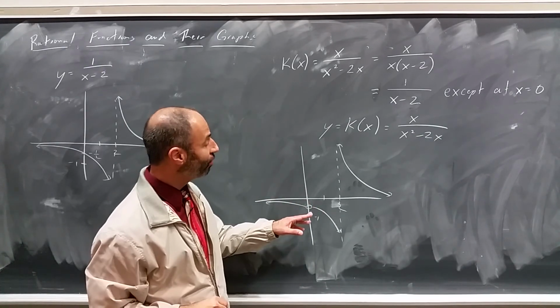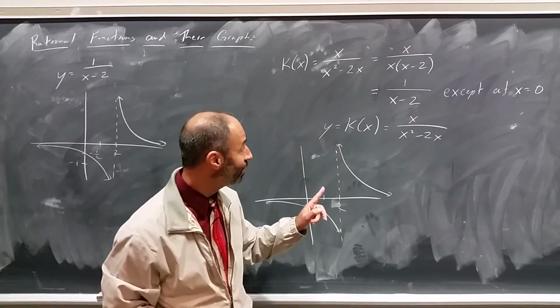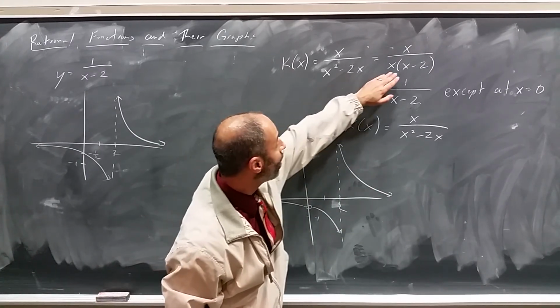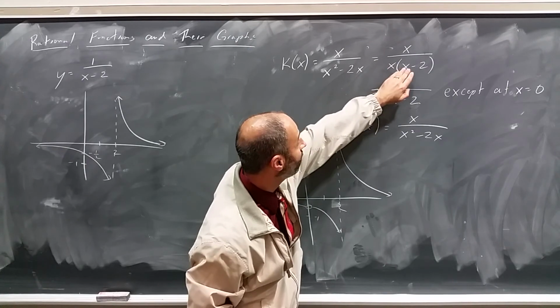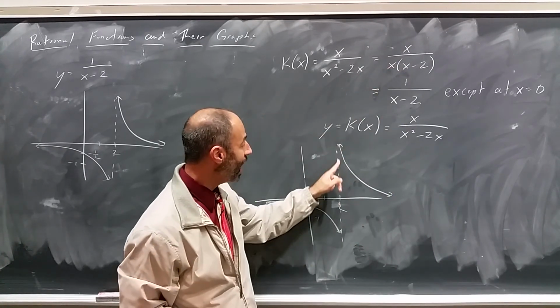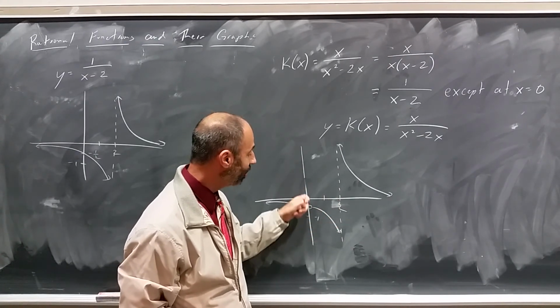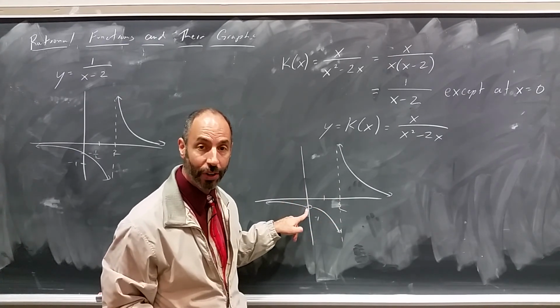The graphs of rational functions are continuous except at the x values where the denominator equals 0. The denominator equals 0 twice, once at 0 and once at 2. 2 happens to be a vertical asymptote in this particular picture. At 0, we have a different problem. We have a hole in the curve.